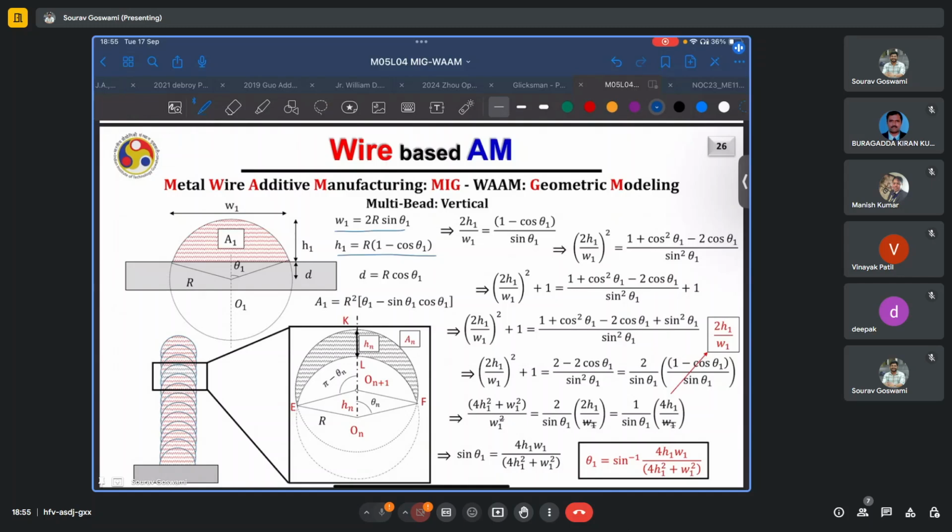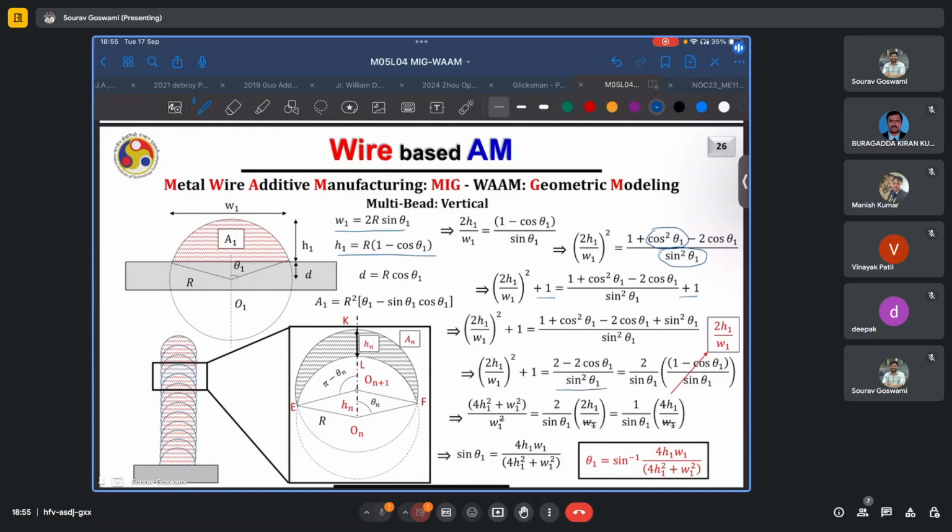First we square, and once you have this cos square theta term and sin square theta term, you want to add them up. So you add 1 to both sides as shown here. Then this leads to further simplifications. Now 1 plus cos square theta 1 plus sin square theta 1 becomes 2. We have 2 minus 2 cos theta 1 by sin square theta 1, as shown here.